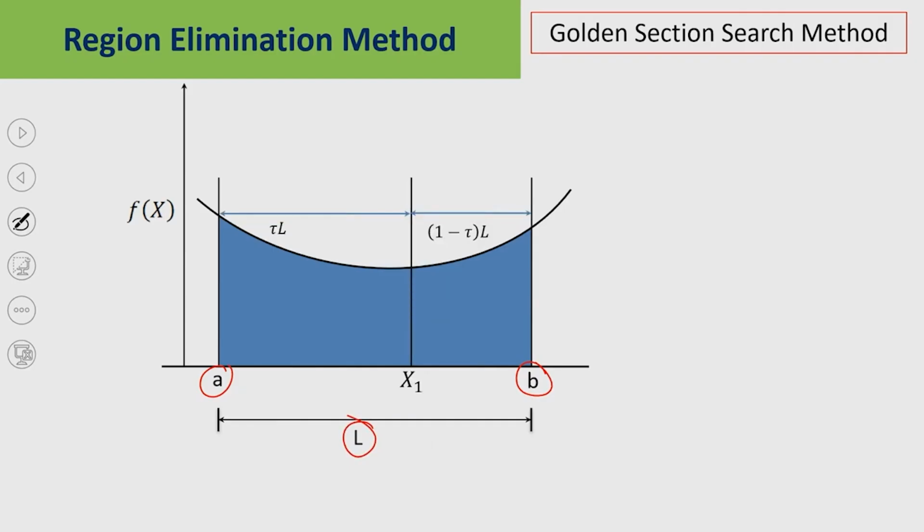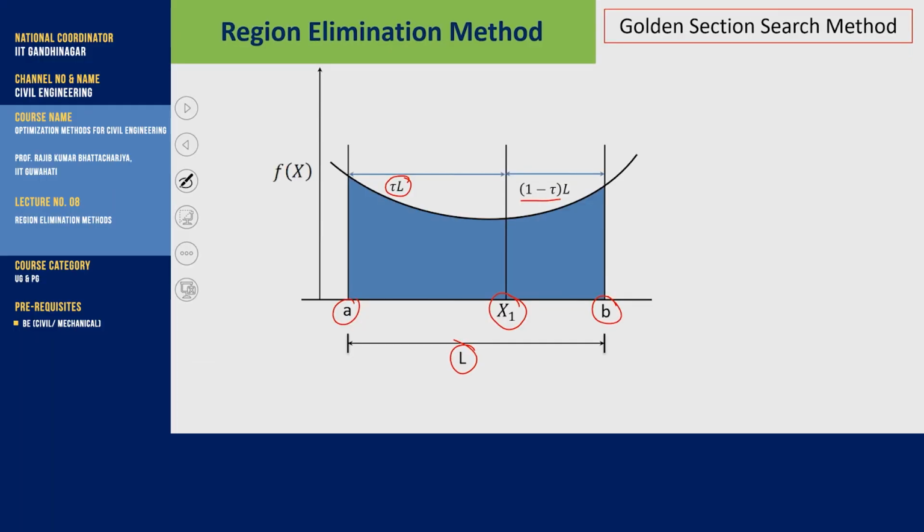Now, I take a point x 1 at distance tau L from a, so the distance between a and x 1 is tau L, and the distance between x 1 and b is 1 minus tau L.